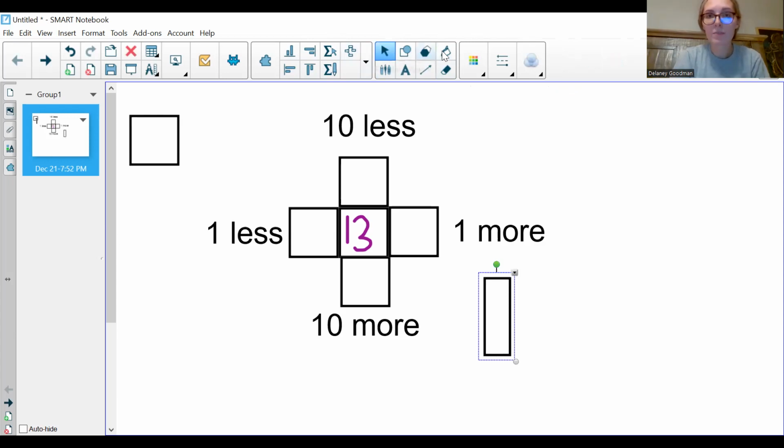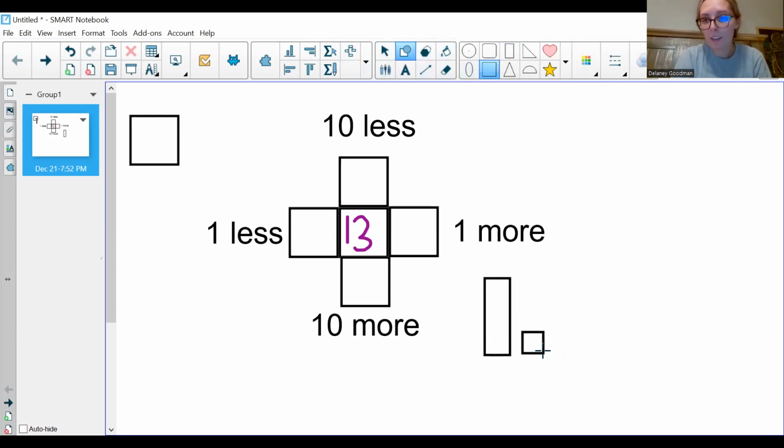So I have 10, then I have 11, 12, 13. Okay, 13. I need to find all 4 of these. 1 more, 1 less, 10 more, 10 less.